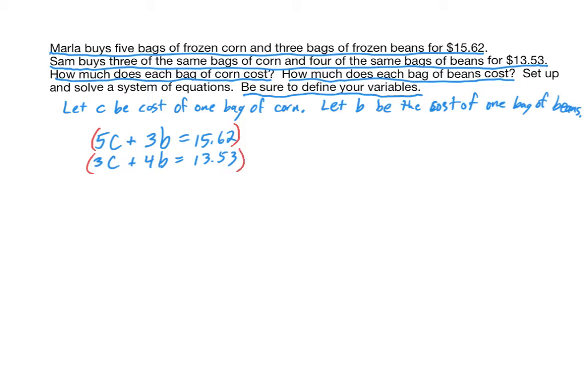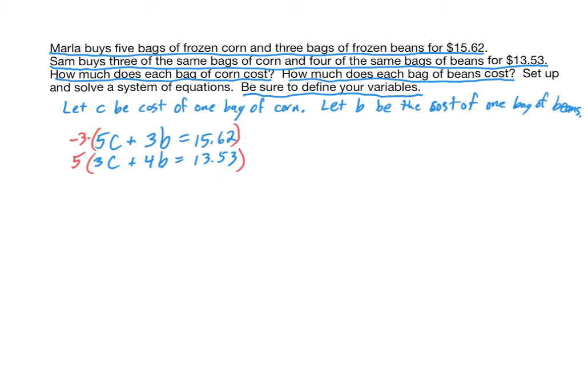Well, if you multiply the top equation by -3, that would end up giving you a -15C here. And if we multiplied the bottom equation by 5, then when you distribute this 5 in here, you'd have a +15C. So we'd have opposite coefficients on the C's, so when you add the equations, the C term would fall out.